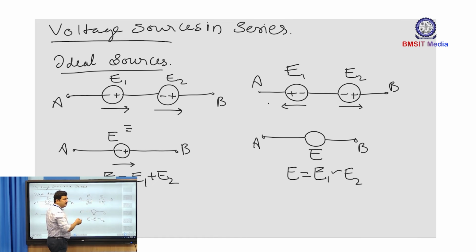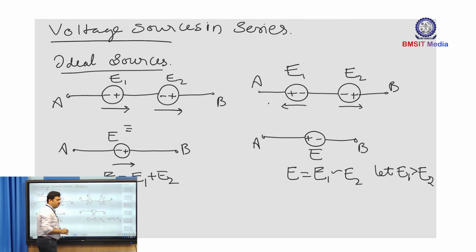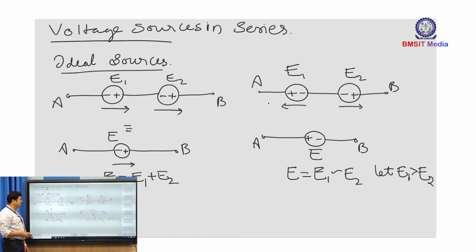If E2 is larger than E1, then the polarity of the resultant voltage source will be that of E2. So, let me take E1 greater than E2. With this, the polarity of the resultant voltage source will follow E1. If E2 is greater than E1, then it follows the other way. So, this is what happens when two voltage sources are in series.